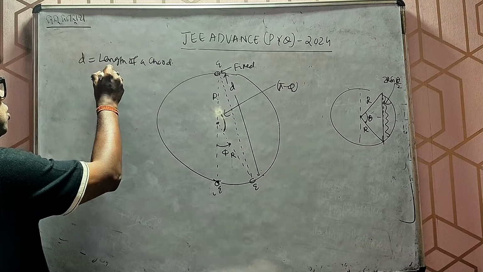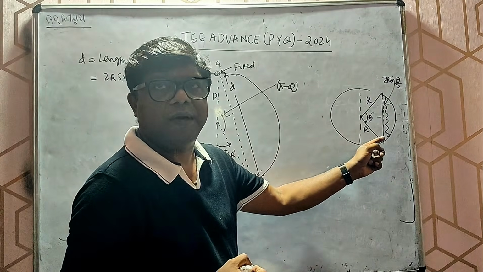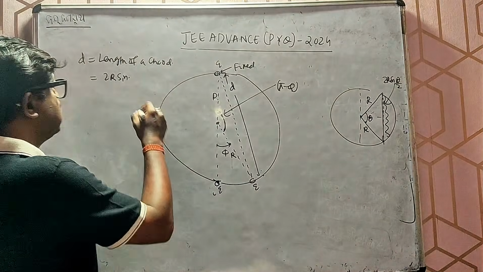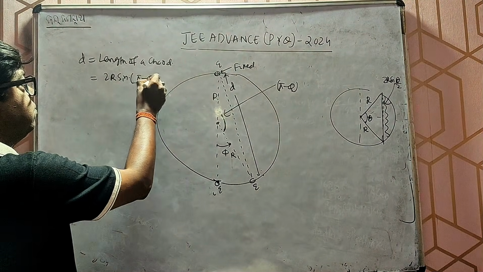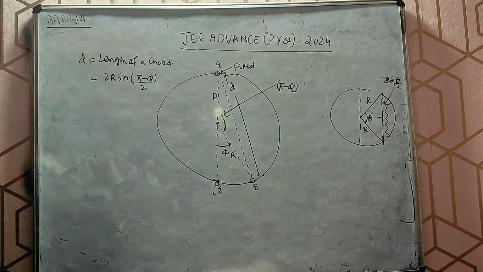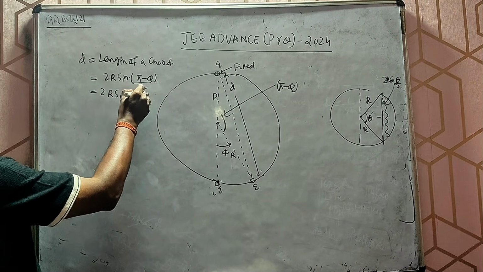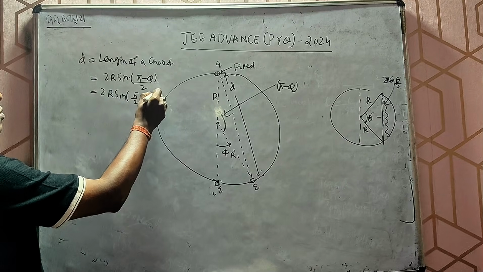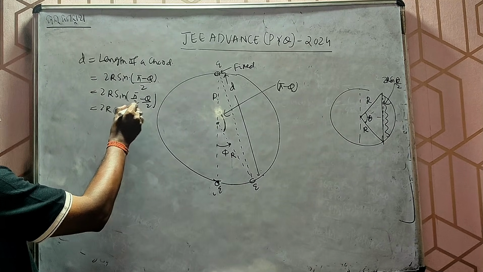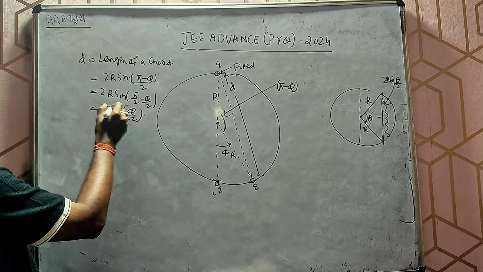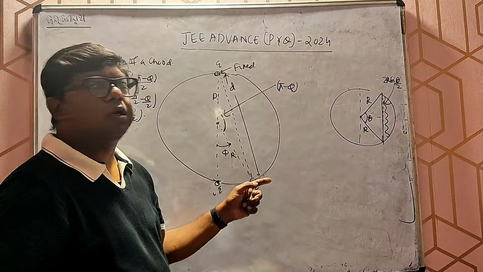You can just apply this basic concept of mathematics: 2r sin (pi minus phi) by 2, which is equal to 2r sin (pi by 2 minus phi by 2), and this is equal to 2r cos phi by 2. So the length of a chord is found to be 2r cos phi by 2.